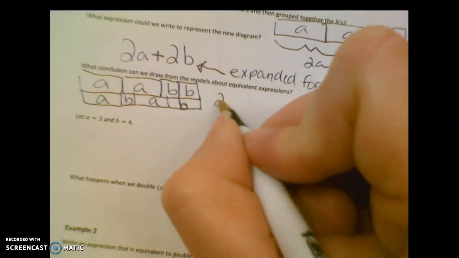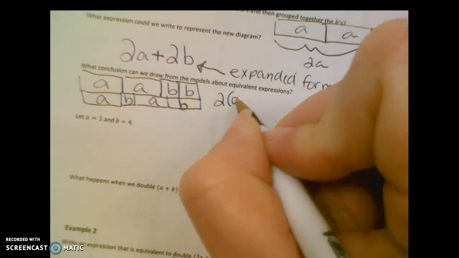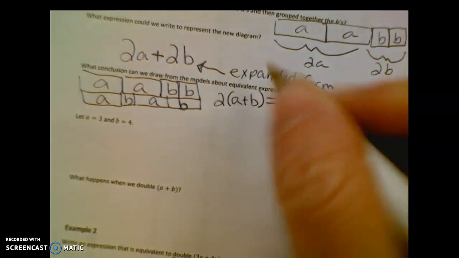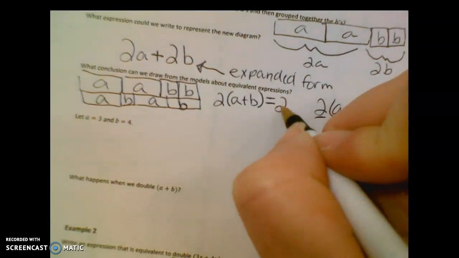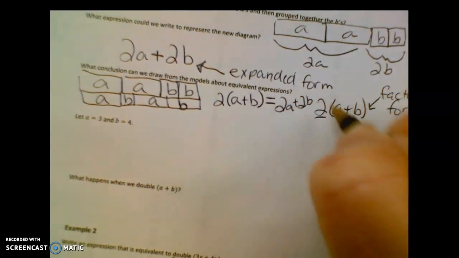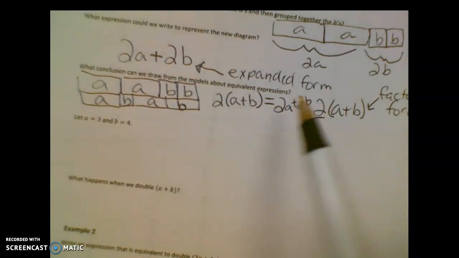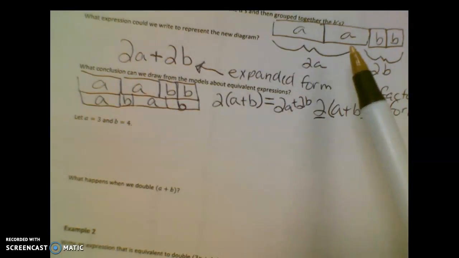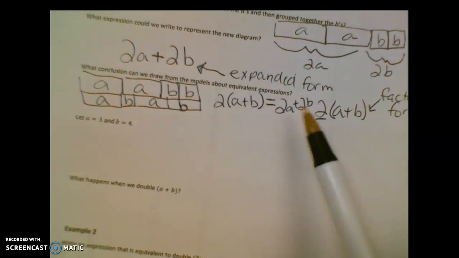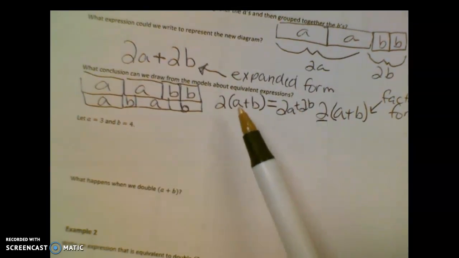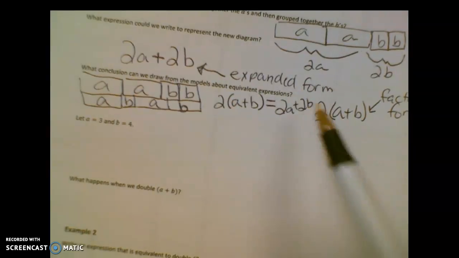So we could say that the factored form 2(a plus b) is the same or equivalent to the expanded form 2a plus 2b. So our target is to be able to write, using the distributive property, these expressions either in the factored form or in the expanded form. We can go from the expanded form to factored form or from the factored form to the expanded form.